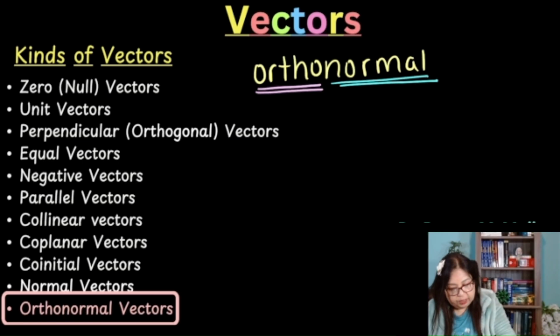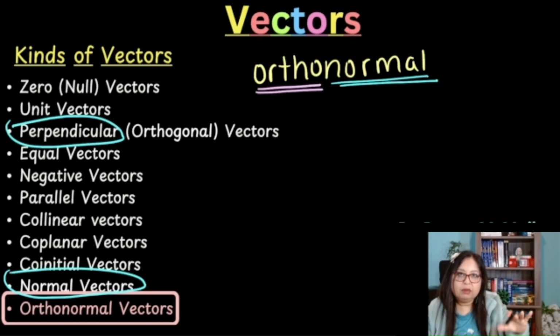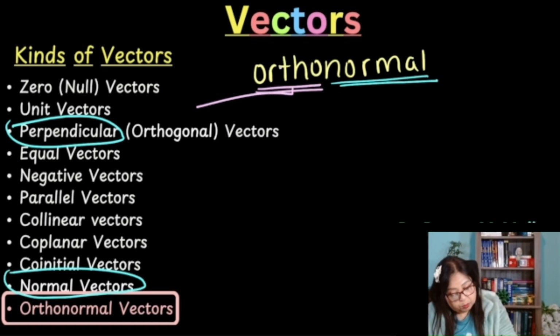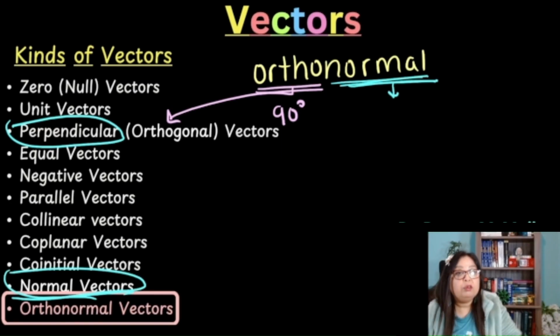And I just said over here that normal and perpendicular are basically the same thing, 90 degrees. But over here, ortho means orthogonal, 90 degrees, but normal does not mean this normal over here. This normal here means the vector is normalized.